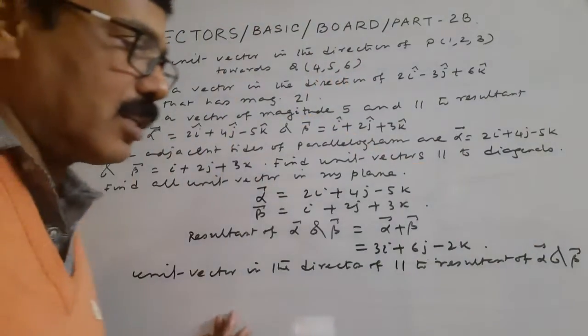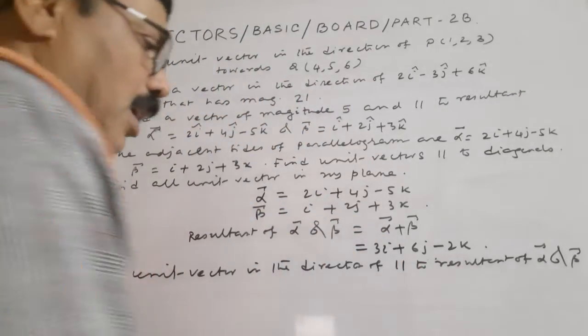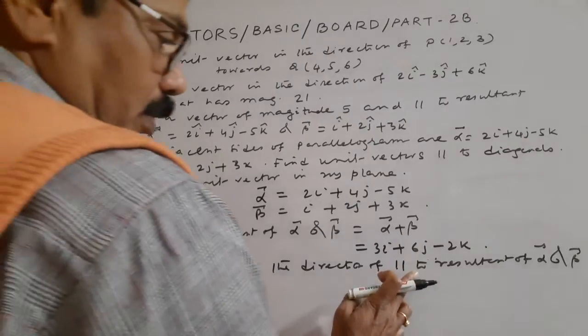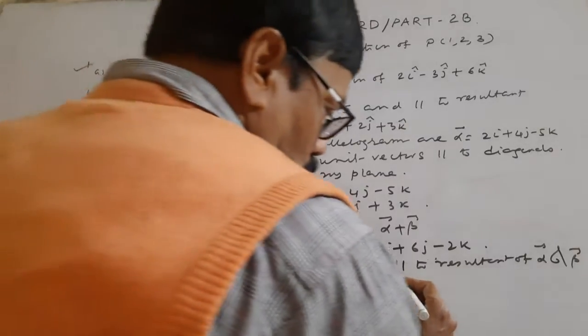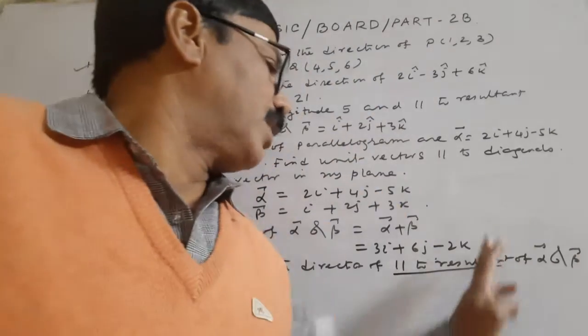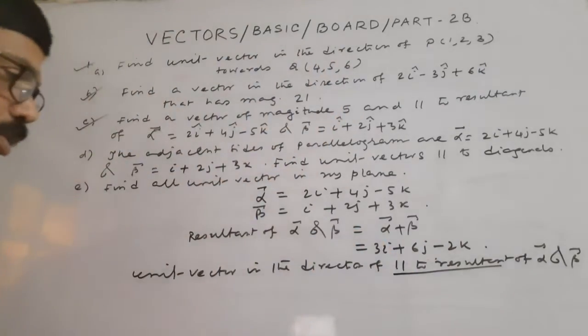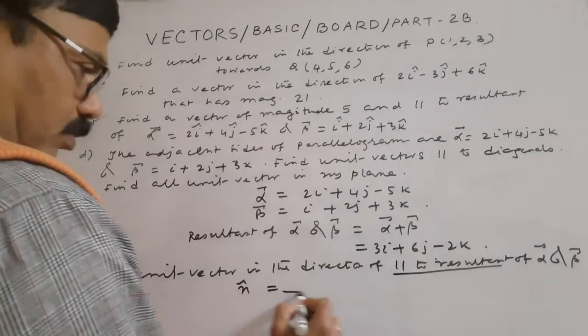So the unit vector in the direction of the resultant of alpha and beta, parallel to or in the direction of, same. So you are getting a unit vector. Suppose this one is n cap.